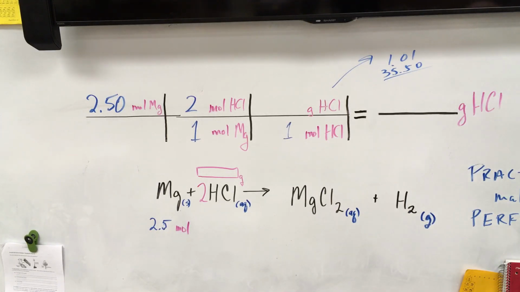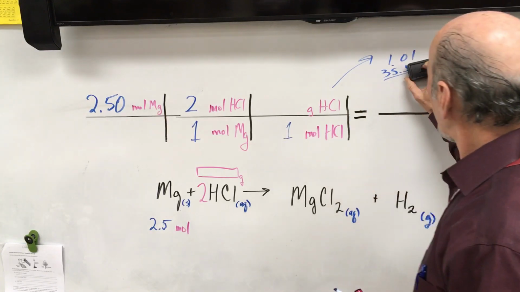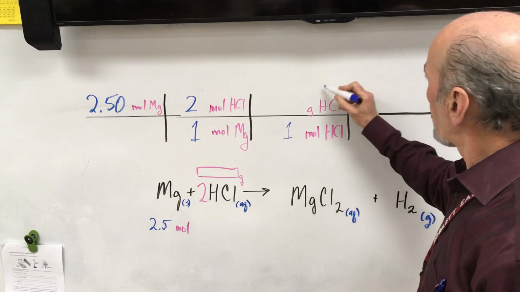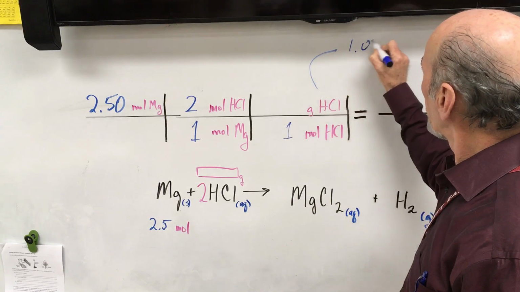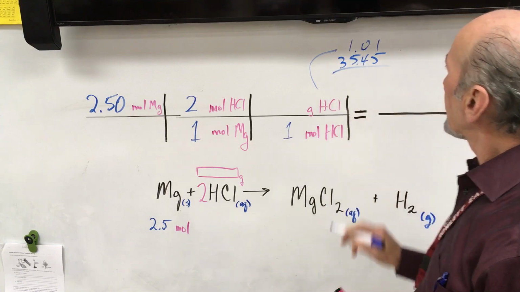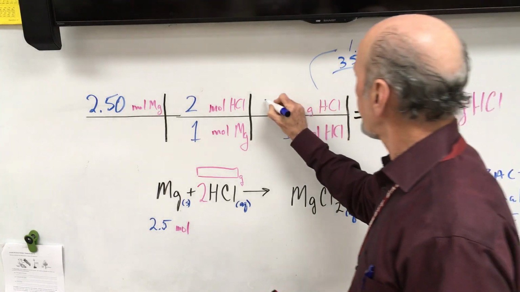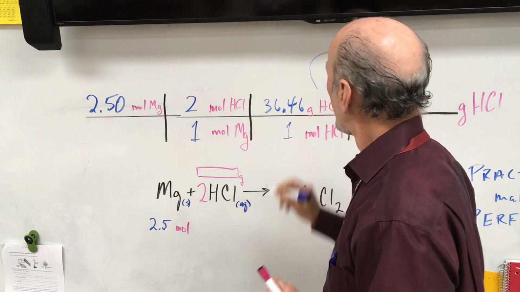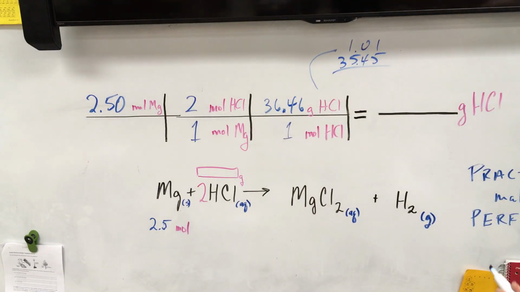I'm sorry, 35.45. So I'm going to try to be kind of more precise this time. So 1.01, 35.45. That'll give you 36.46. So there you have it.